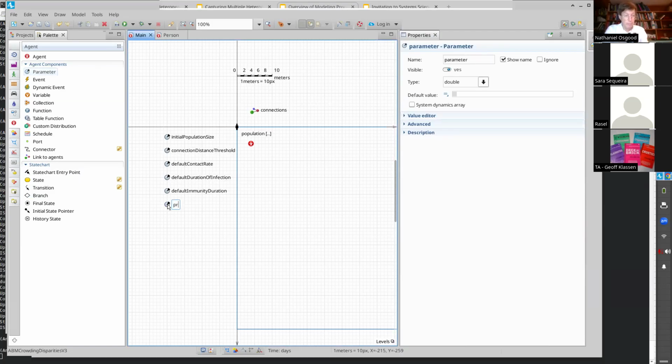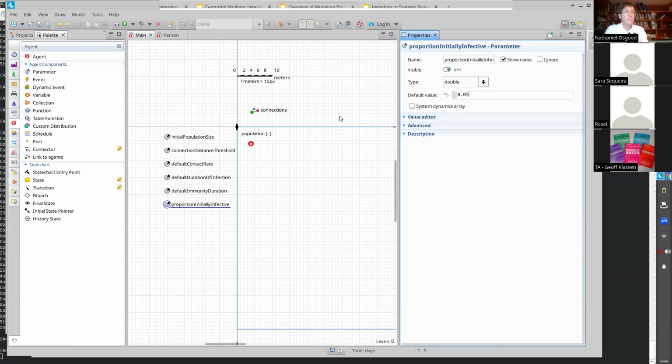Maybe we'll call it, with a nod to terminology in the health sciences, proportion initially infective. And its default value will be 0.05. Maybe make it less than that, 0.02. Proportion initially infective.